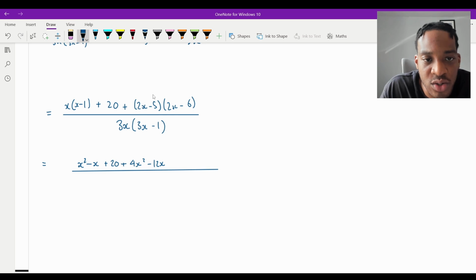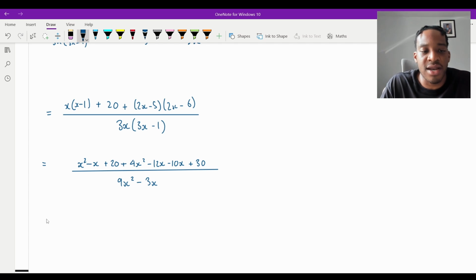Let me just double check that. Yeah, that's fine. And then minus 5 times 2 is going to be a minus 10x. And then minus 5 times minus 6 is going to be a positive 30. And on the denominator, we can expand that to give us 9x squared minus 3x.